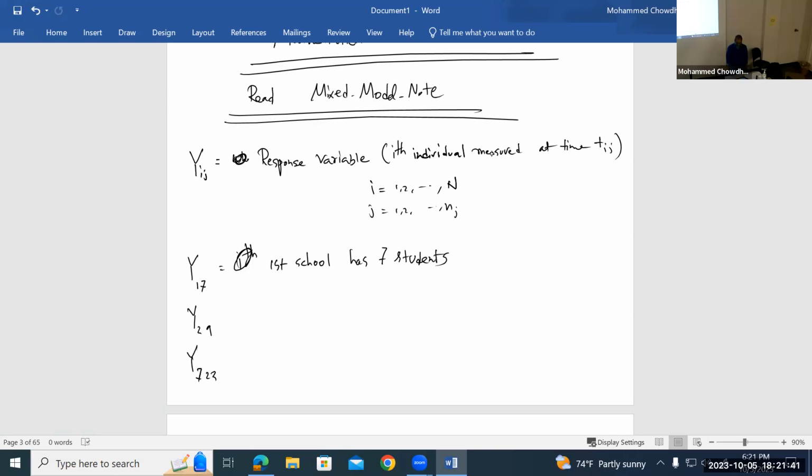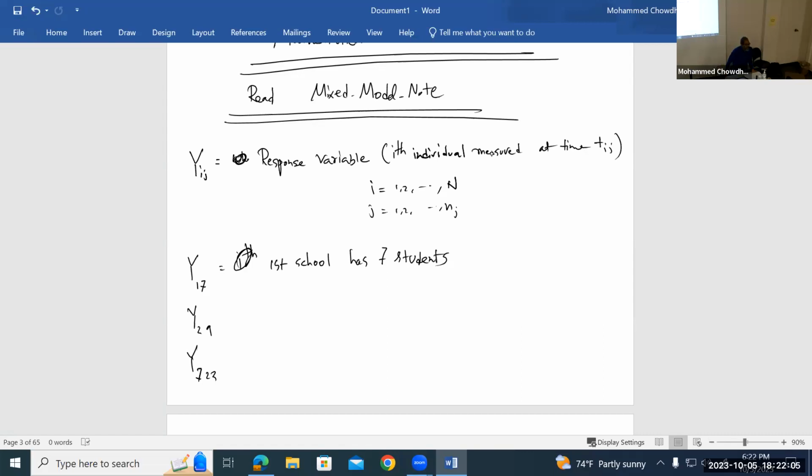Y_ij is the response variable, the dependent variable. I am formulating everything systematically, bringing it to a very beautiful mathematical formula: why it stands, how it comes into existence. It is not like someone wakes up one morning and writes some equation and says, whether you believe it or not.